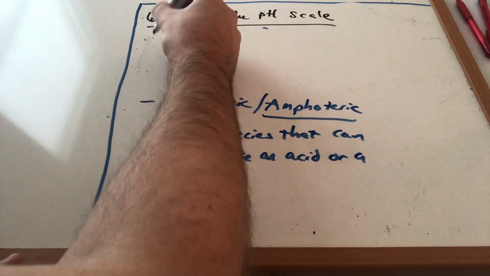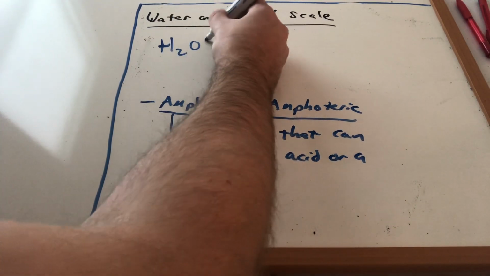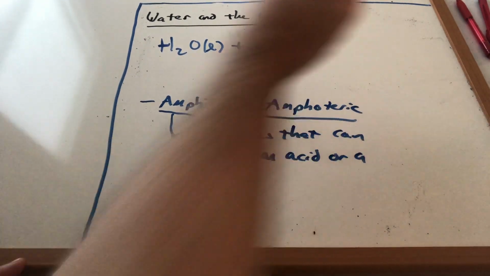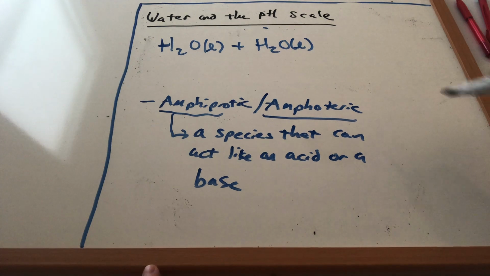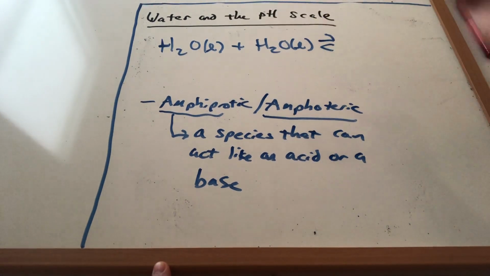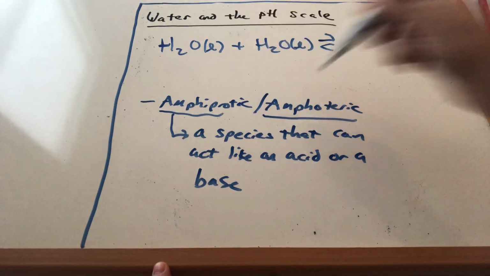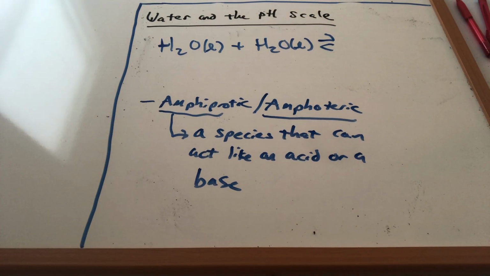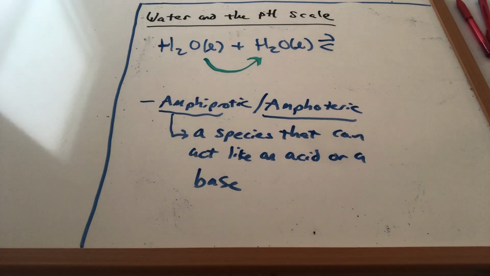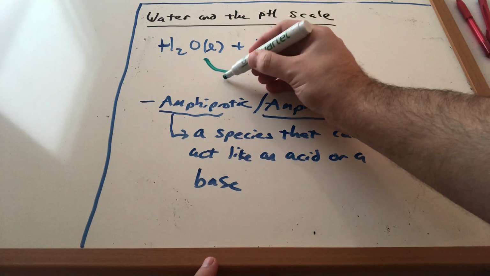Pure water, right, can have a water bumping into another water, right? We know that sometimes water can act like an acid, sometimes water can act like a base. Well, what happens is when a water bumps into a water, an exchange of an H can occur, right? Water's amphoteric, it's amphiprotic, so we can say it self-ionizes.